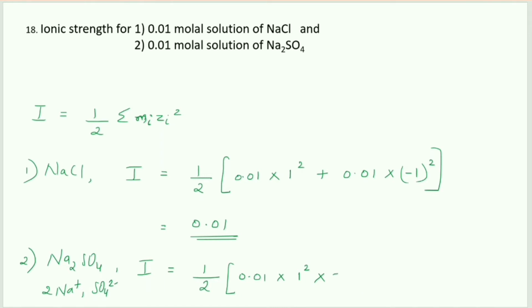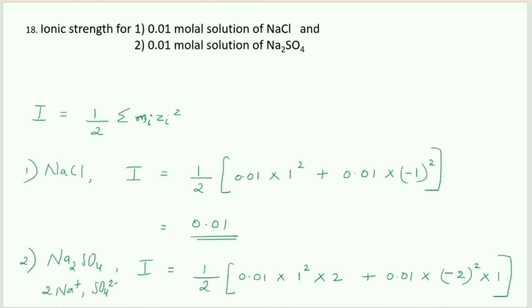So into 2, plus 0.01 into the charge of SO4 2 minus, which is minus 2, the whole square, into 1, equals half into 0.06, which is equal to 0.03. So the ionic strength is 0.01 and 0.03.